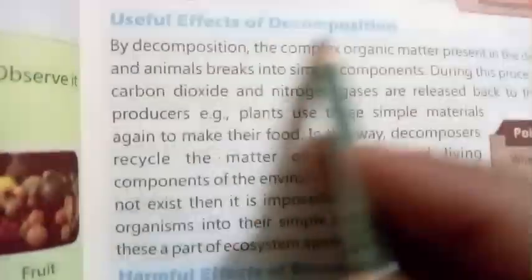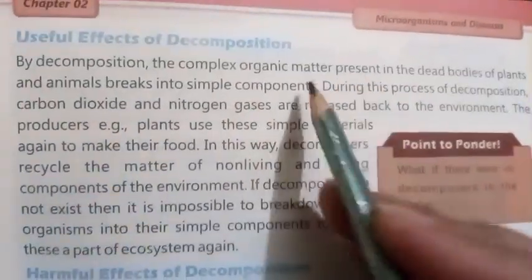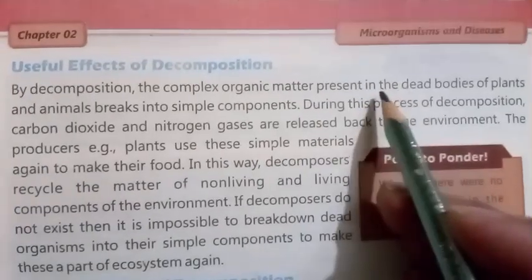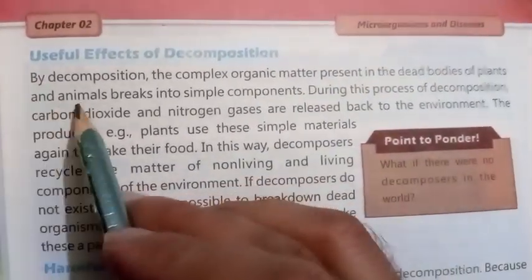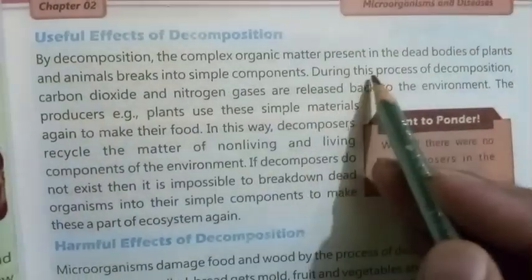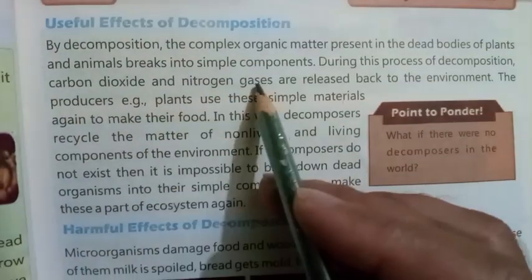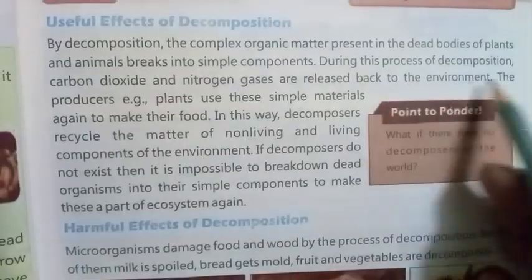Useful effects of decomposition. By decomposition, the complex organic matter present in the dead bodies of plants and animals breaks into simple components. During this process of decomposition, carbon dioxide and nitrogen gases are released back to the environment.